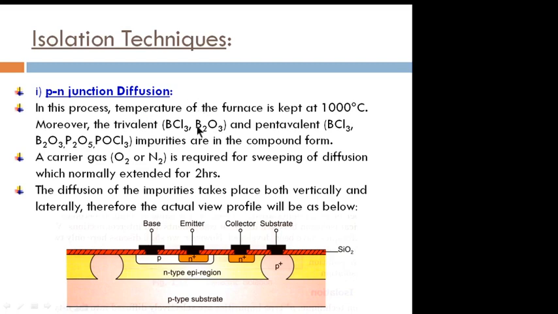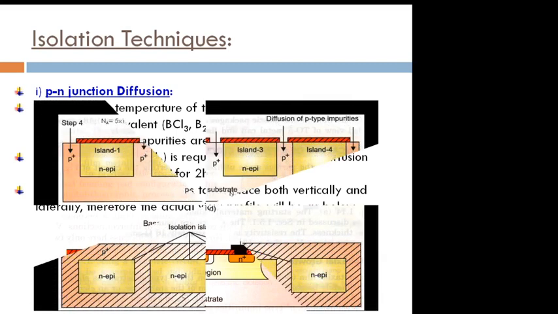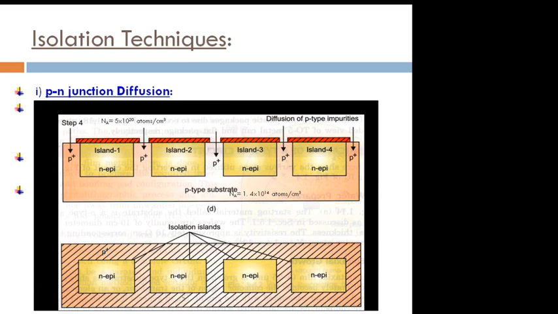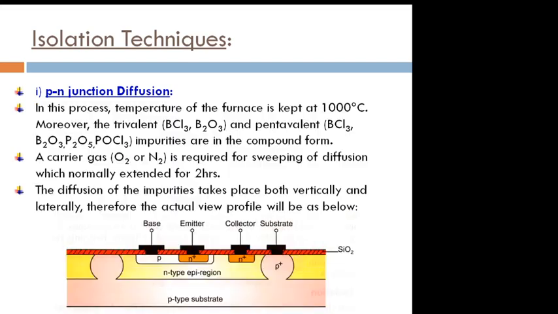For a pentavalent impurity you may have phosphorus pentoxide or phosphorus oxychloride, and these are the pentavalent impurities, whereas boron chloride and boron oxides are well known for the trivalent material. Trivalent impurity is going to be used.